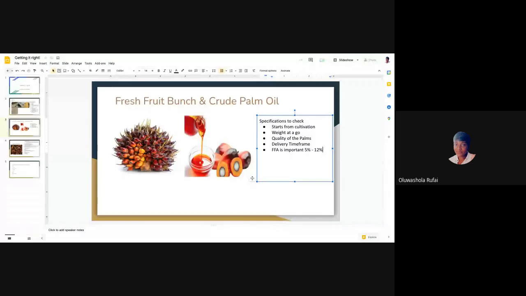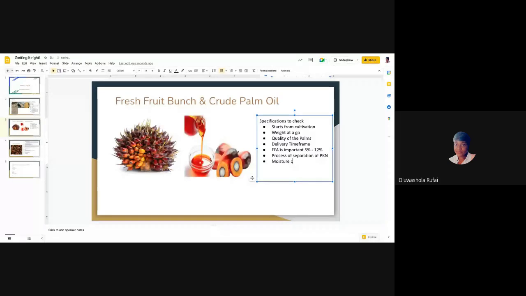Also for the palm kernel nuts, the process of separation is important to note. You also check the moisture content. Moisture content for crude palm oil and palm kernel nuts is important.